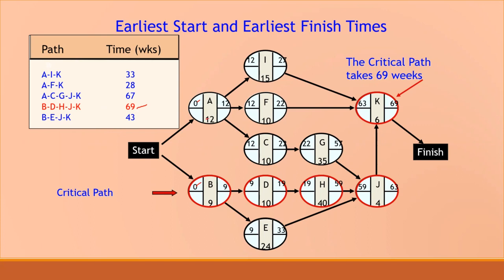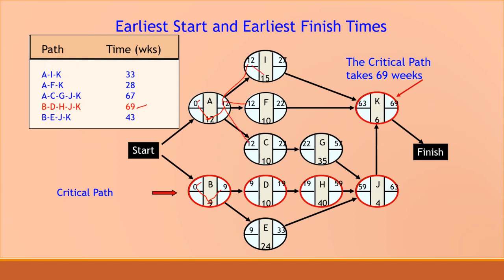The duration for A is 12, and the duration for B is 9. So 0 plus 12 is 12, and 0 plus 9 is 9. This 12 will be the next activity's earliest start time. The same way it will go.